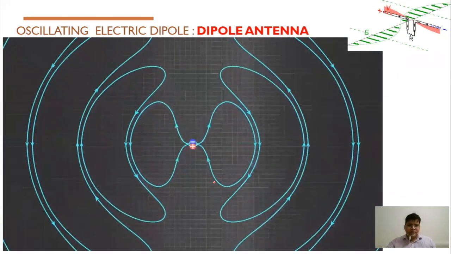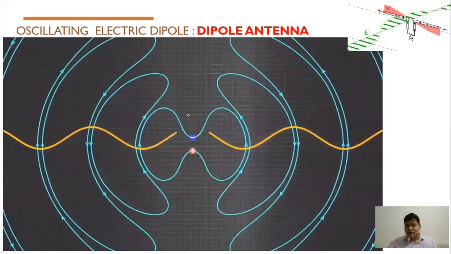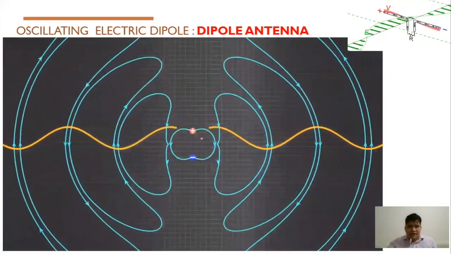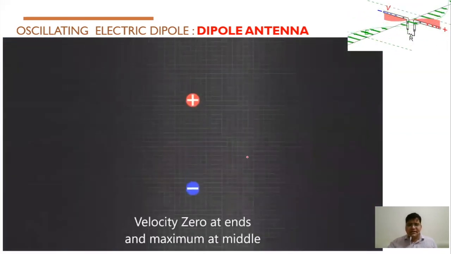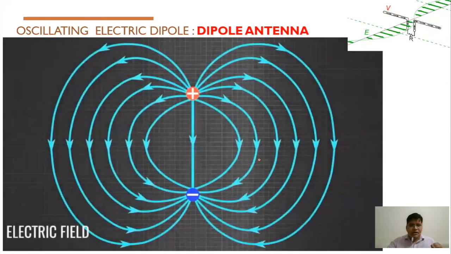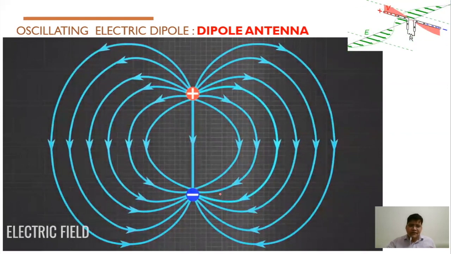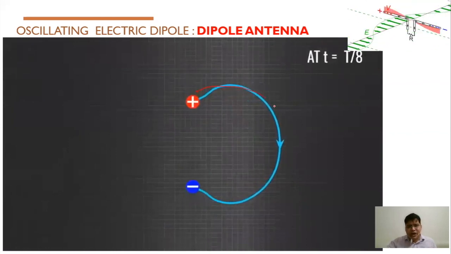If you see the velocity, when the charges reach their ends, the velocity becomes zero, and then when they cross each other, the velocity is maximum. So we can say acceleration and deceleration is there, and due to this acceleration and deceleration, a kink is being generated. You can see this should be the field lines when they are at the end position, and this line should be the ideal line.